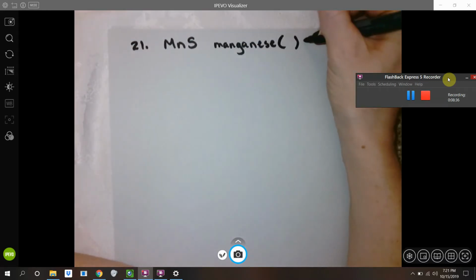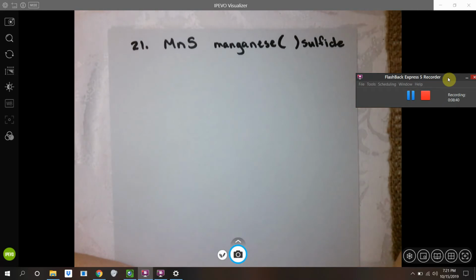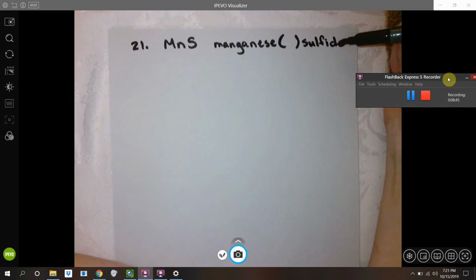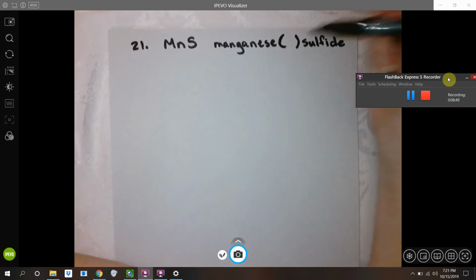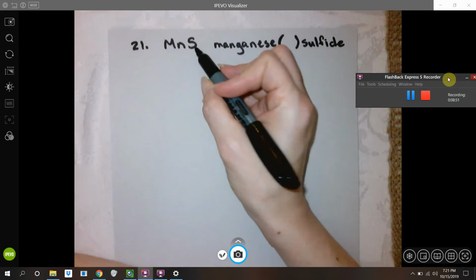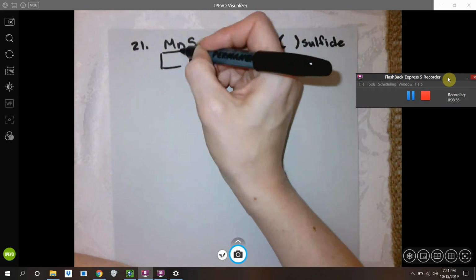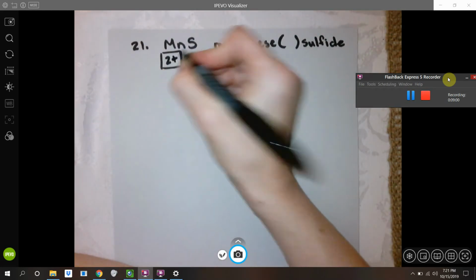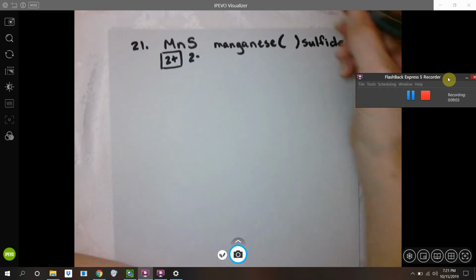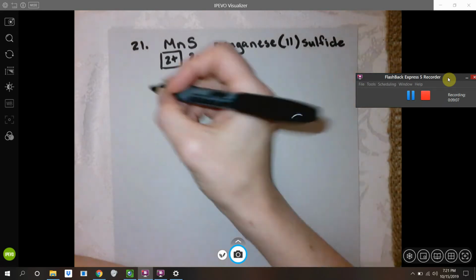And S for sulfide, IDE ending. Here, don't get confused with sulfate or sulfite, but this is sulfur by itself, sulfide. Okay, let's figure out what the charge of manganese is. Because sulfur has a charge of 2-, and there's only 1 manganese to balance that charge of 2-, this has to be 2+. Manganese 2 sulfide.